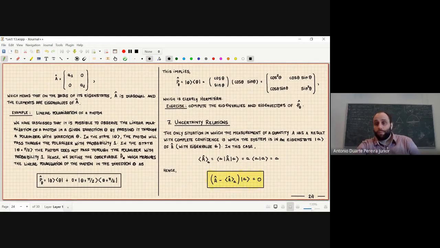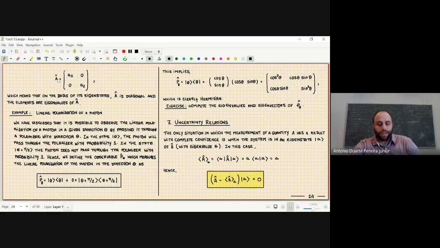In this representation, if you expand the operator in the basis of its eigenvectors, then the operator has a diagonal form. This is a very useful result.